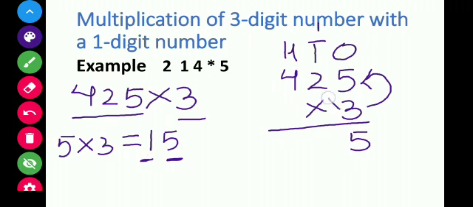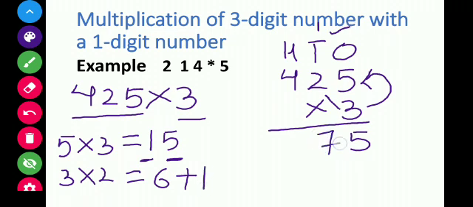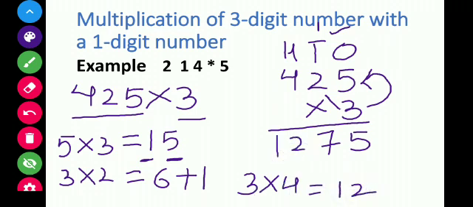Now read the table of 3 with 2. 3 twos are 6. 6 plus this 1 which is carried over here, 6 plus 1 is equals to 7. Now after tens place, you will read the table of 3 with the hundreds place digit. 3 multiply 4 is equals to 12. Now our answer is 1275.